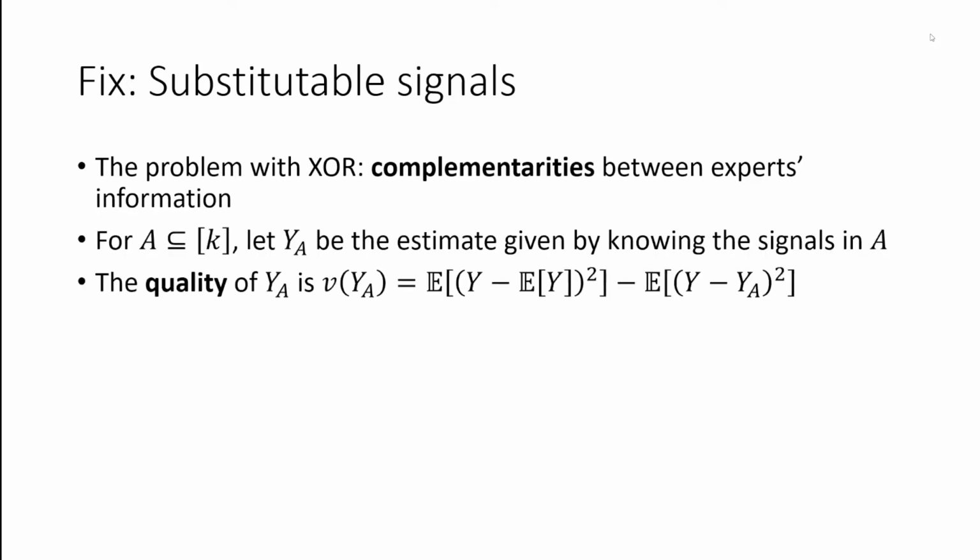So this motivates defining a quality function, which is a function of the subsets of all of the k experts. So the quality of the signals of a subset of experts is how much better those experts are, in terms of the squared loss of an estimate that takes into account all of their signals, compared to just saying the prior.